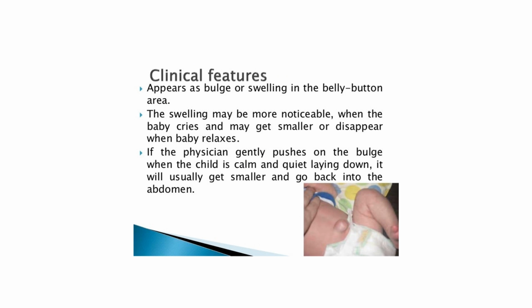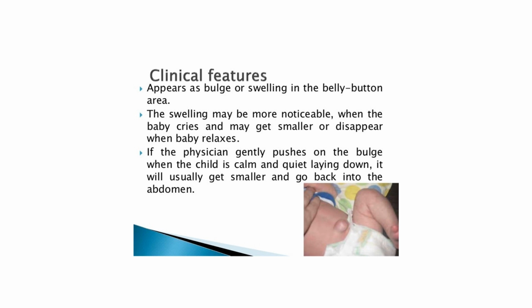So what are the signs and symptoms of umbilical hernia? This umbilical hernia can be seen at the navel of the baby. Here you can see in this picture, there is a bulge and swelling-like structure at the navel. The swelling is noticeable or visible when the baby is crying.